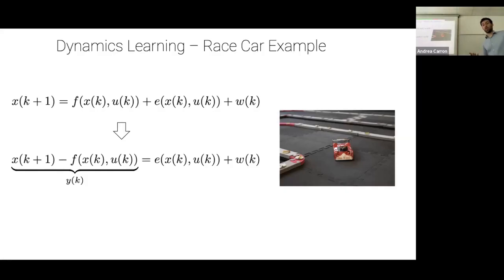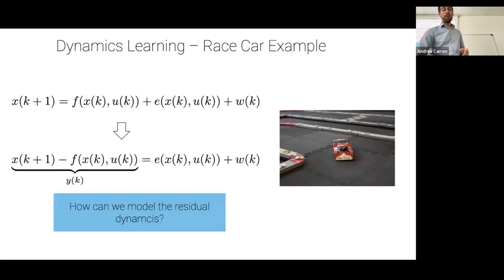And we can directly measure a noisy version of the residual dynamics. And that's why now this w_k plays the role of measurement noise. Now the question that comes is, okay, at this point, this model is still very generic and not necessarily super useful. How can we model the residual dynamics?